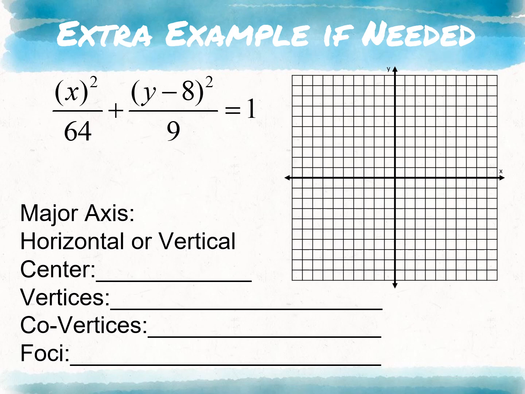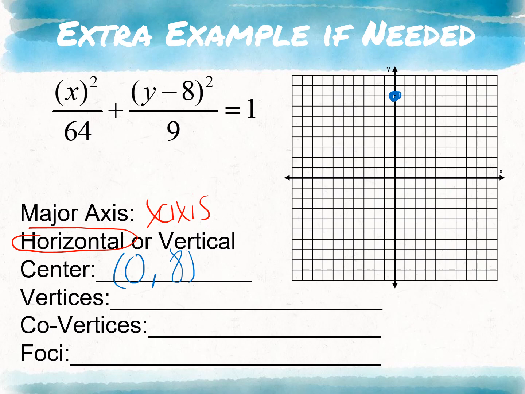So let's start off with my major axis. It's under the x, so it's going to be the x-axis, which means it's going to be horizontal. My center point, my x value is 0. If it says y minus 8, I write positive 8. So my center exists up here on the graph. Vertices. All right, I'm going left to right.